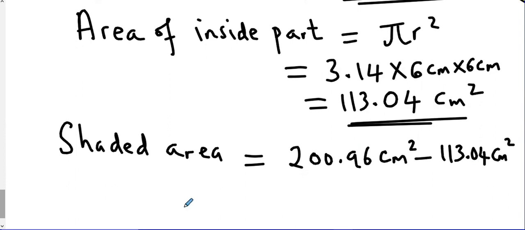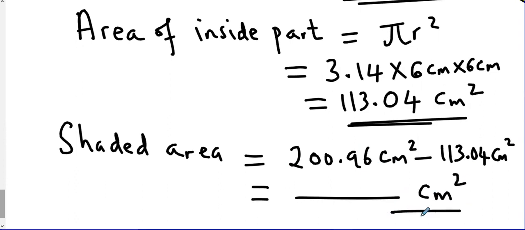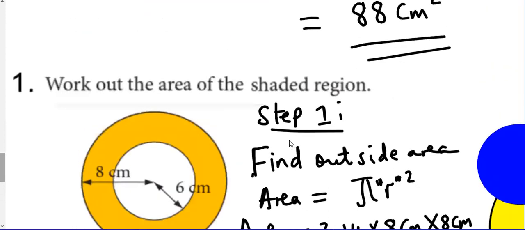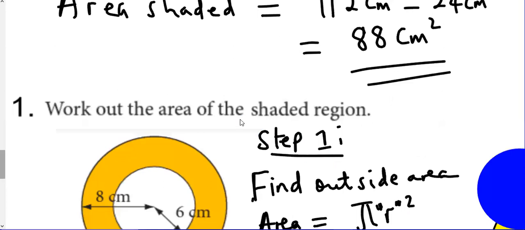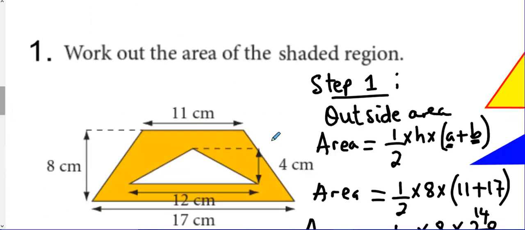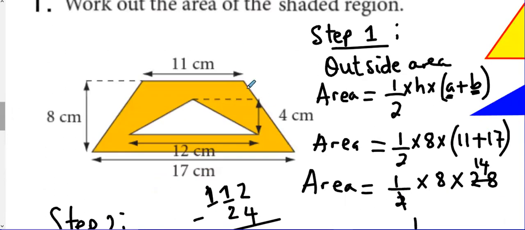You can pause this video and try to help me subtract these two numbers. You're going to get dash centimeter square. This will be your final answer because the question is to find the area shaded. Okay? So go ahead pausing this video, take the notes, and then we are good to go to the next part. So this is how we find the area of a compound shape, but specifically finding the area shaded.